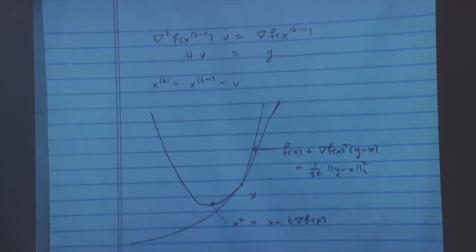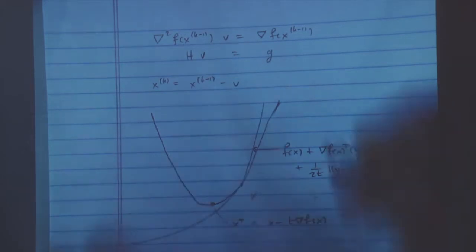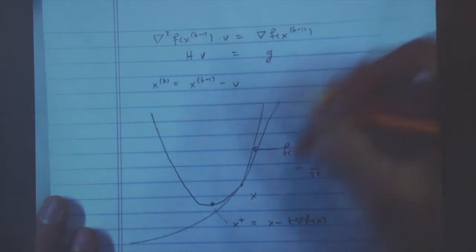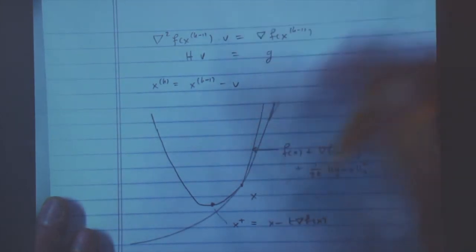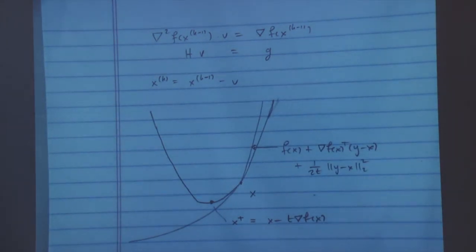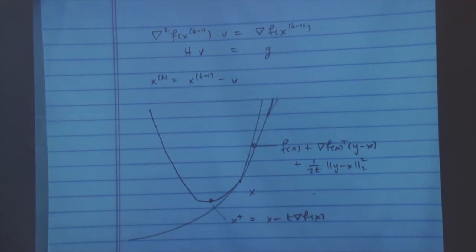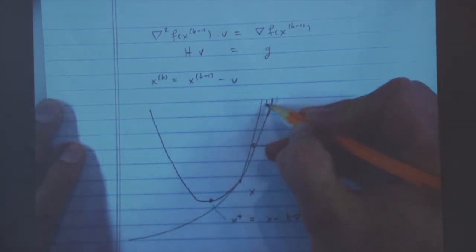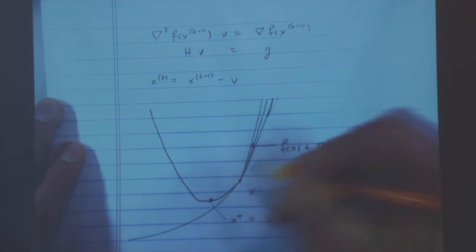What does Newton's method do? Newton's method is something pretty similar, except it uses, in a sense, a better quadratic approximation. It doesn't ignore the fact that our function actually has a Hessian. Gradient descent ignores that and just uses the identity matrix times 1 over t as the quadratic form. Newton's method forms a different quadratic approximation. In a sense, it's better because it's using more information about the function.